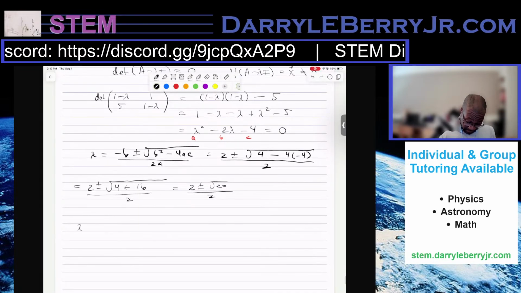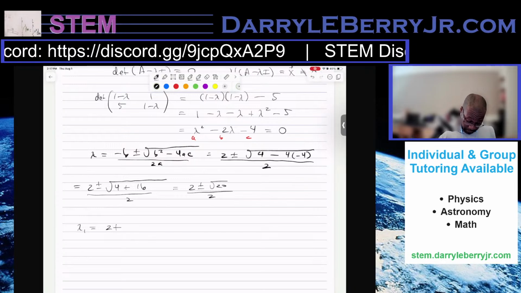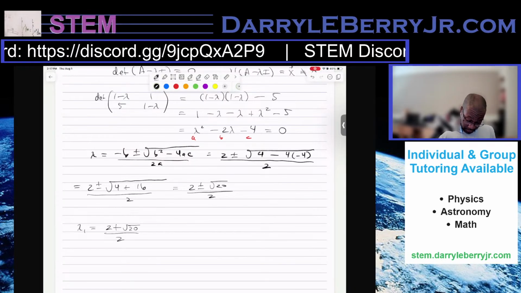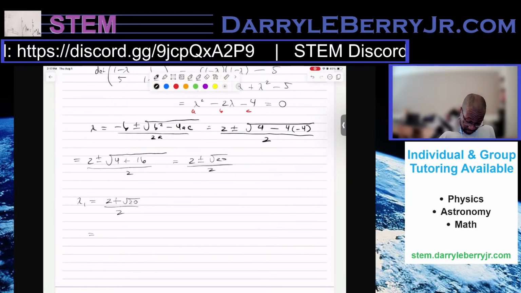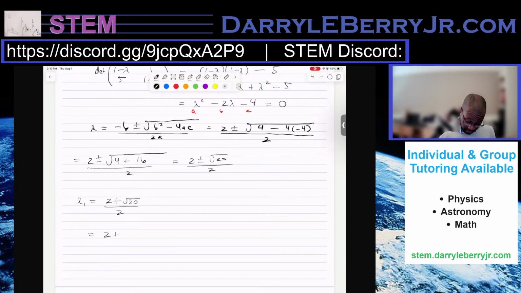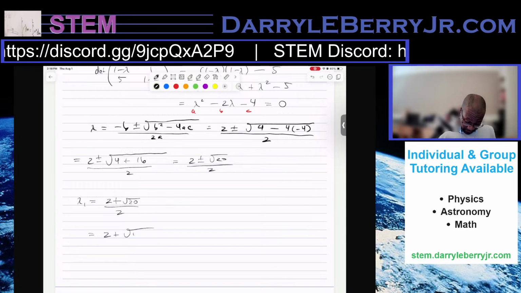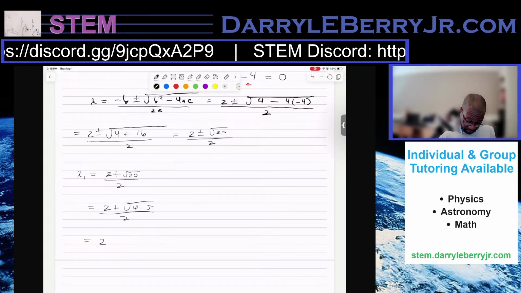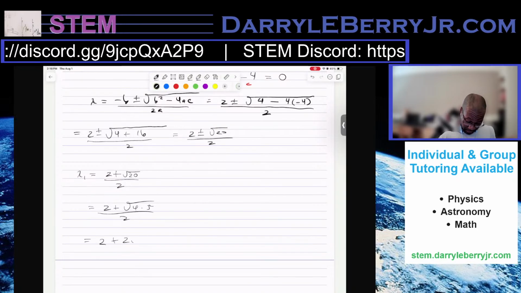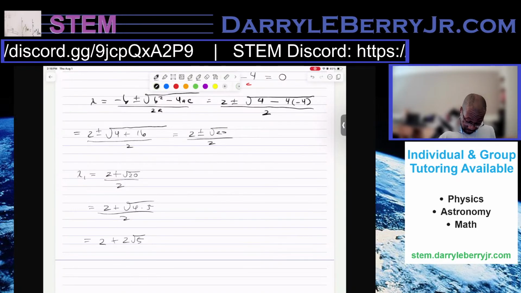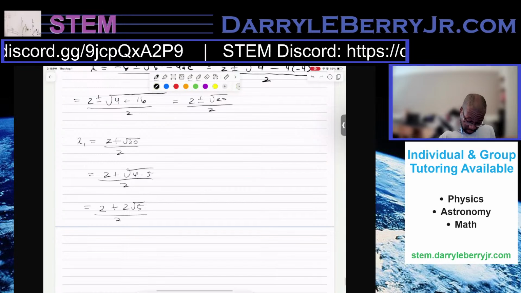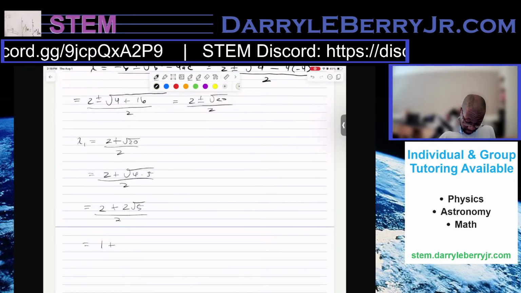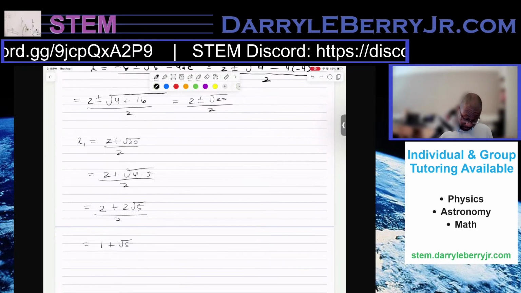So lambda 1 equals 2 plus square root of 20 over 2, which equals 2 plus square root of 4 times 5 over 2, which equals 2 plus 2 square root of 5 over 2, which equals 1 plus square root of 5.